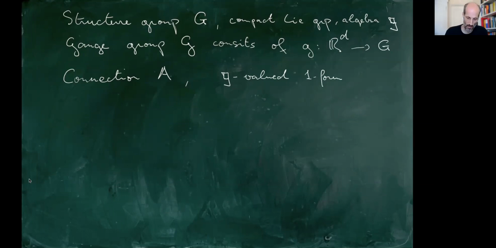And so then when you have such a connection, in the discrete case, it's clear that if you follow a path, so if instead of just traversing one edge, you go from one point in the graph to another point by traversing any number of edges, then there's naturally an element of the structure group that's associated to this.